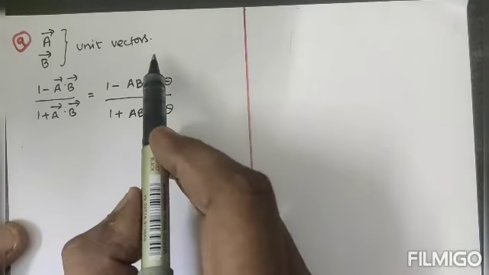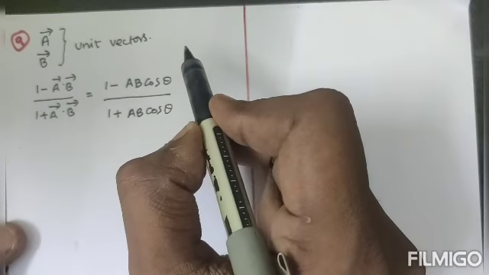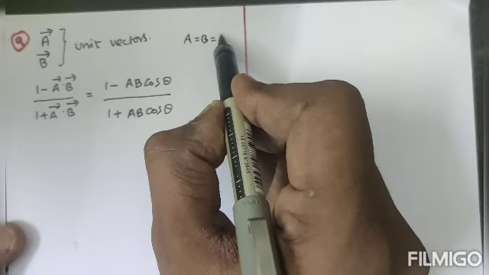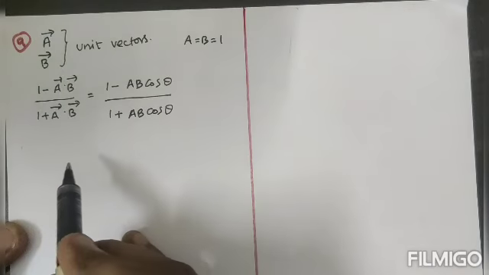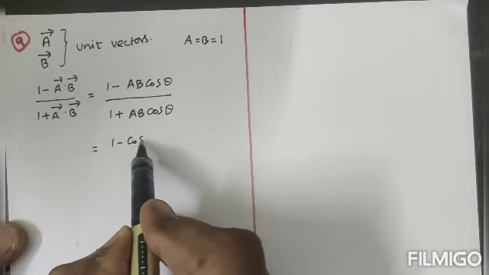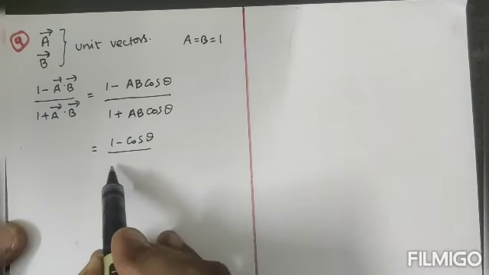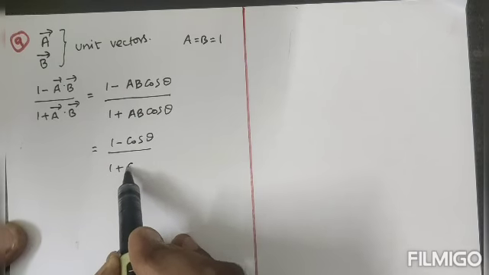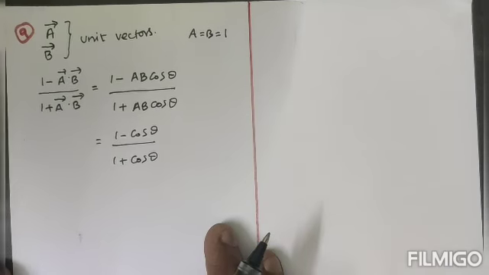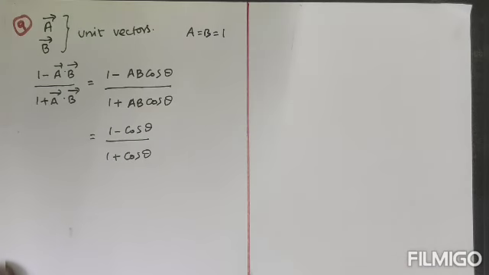But they clearly mention it is unit vector, so the A value and B value we consider as 1. Therefore we can write 1 minus cos theta divided by 1 plus cos theta.